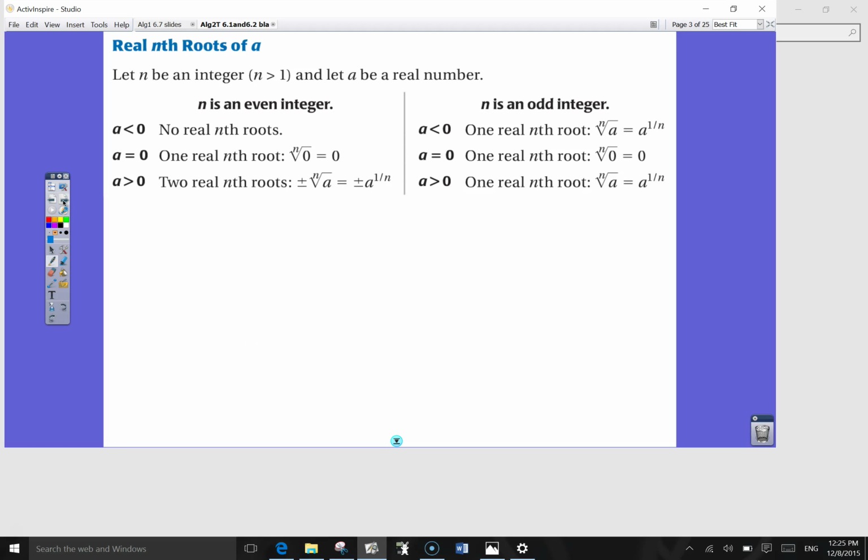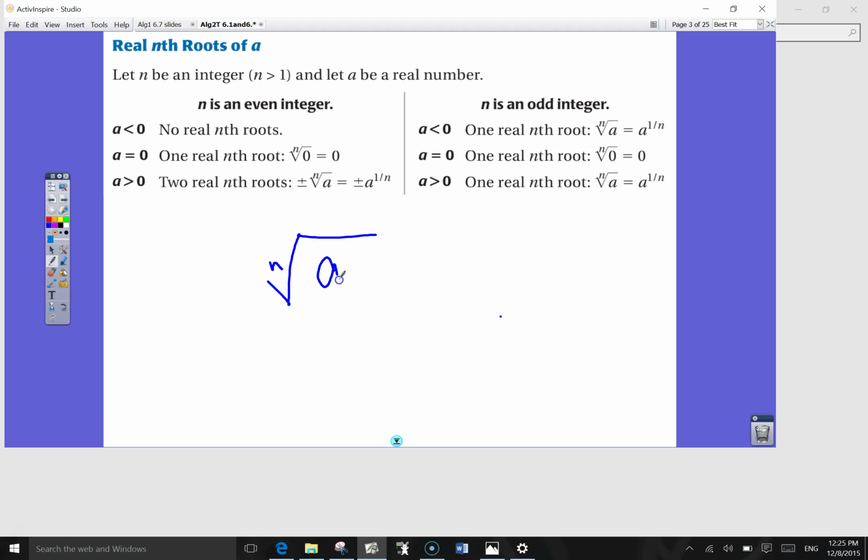So this chart is telling us that when you take an even root, so we know about this notation here. Let me make it bigger here. When you have a radical, we know that there is an index which tells you whether it's a square root, cube root, fourth root, or whatever.